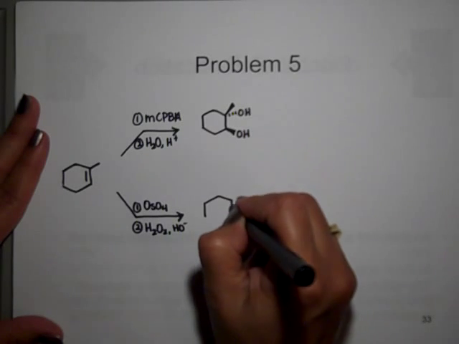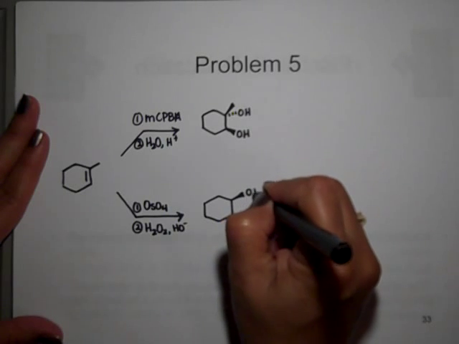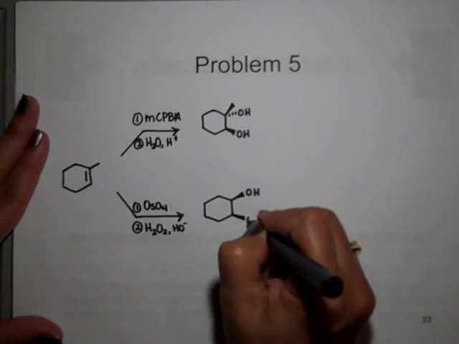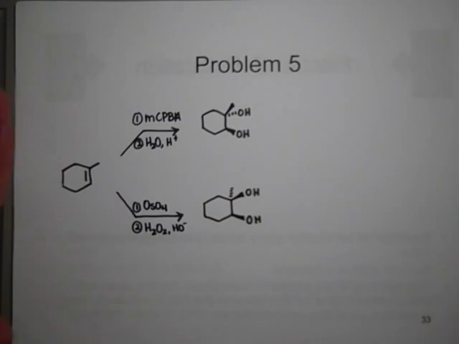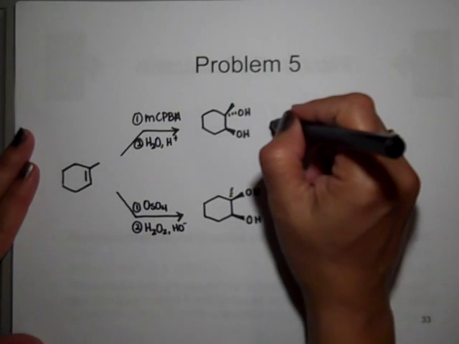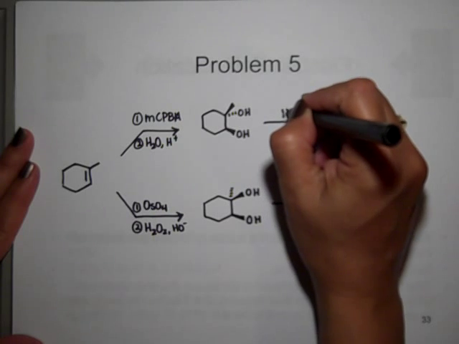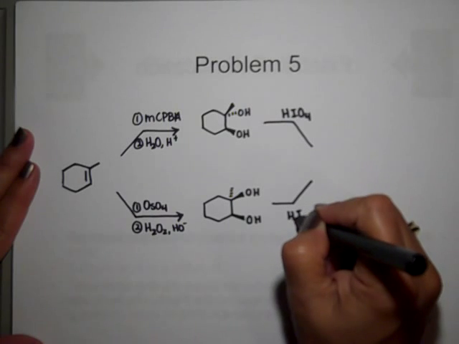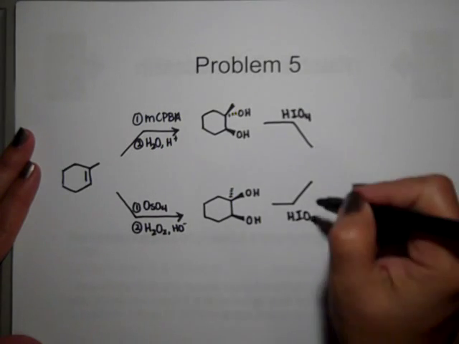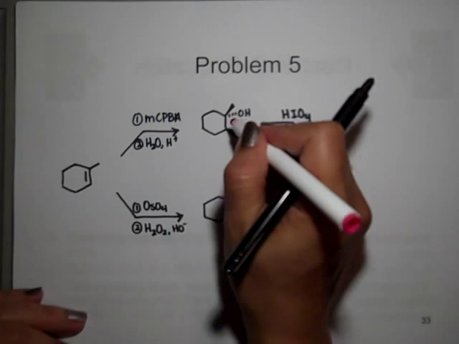This one gets you the two OHs on the same side, the syn diol. But it doesn't matter. If you add periodic acid, it doesn't really care whether they're syn or anti. What it cares about is that they are vicinal, that they're next to each other. So we're going to break the bond between them.